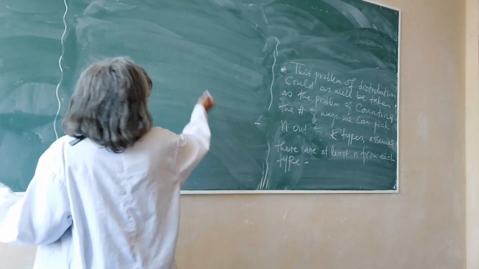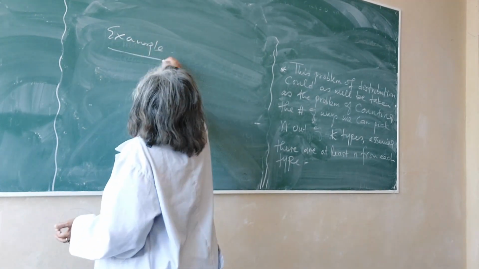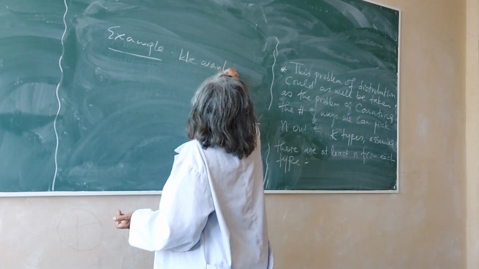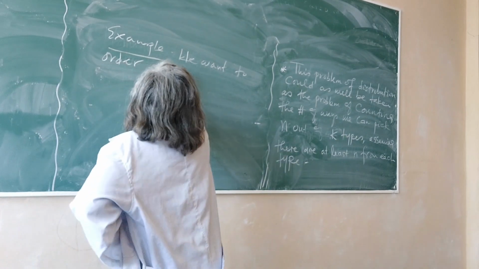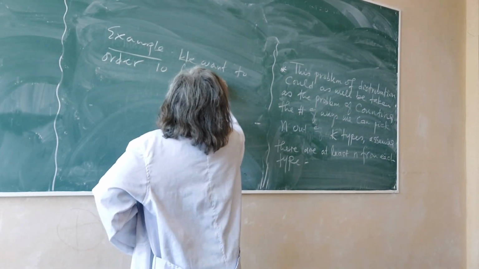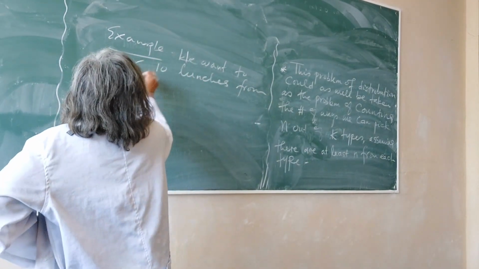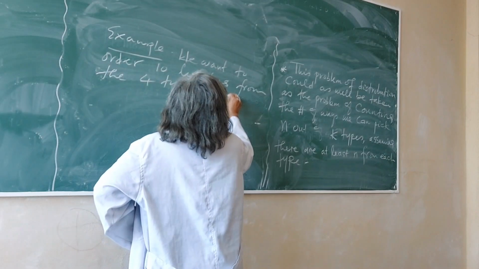Now, for example, suppose we want to order, say, 10 lunches from the 4 types available.